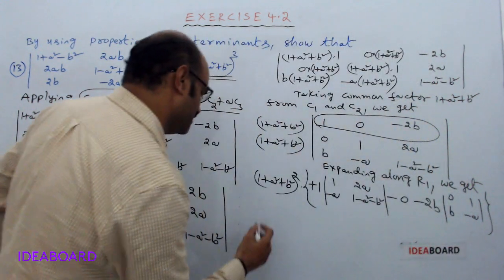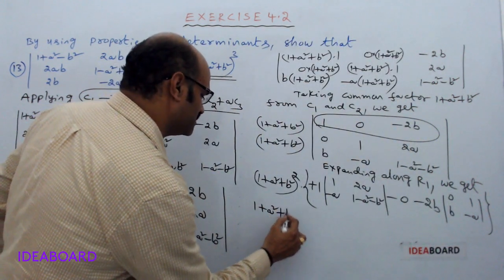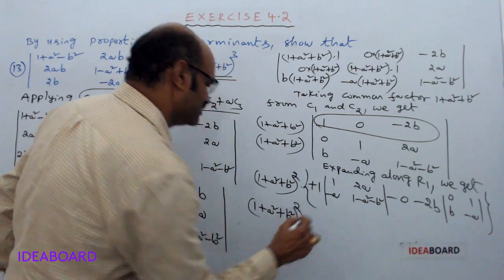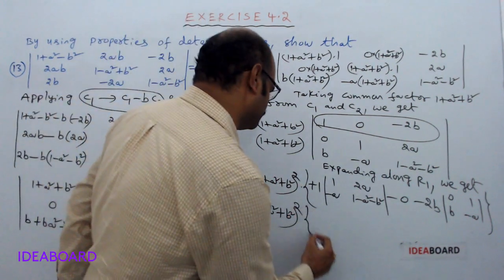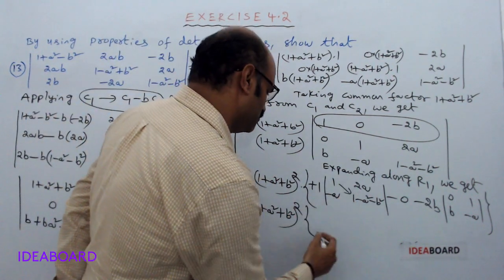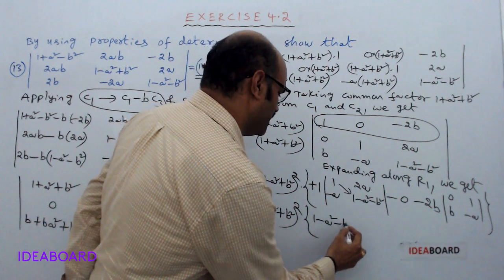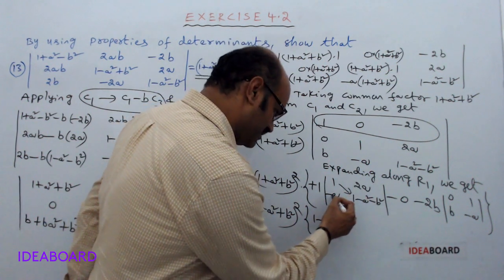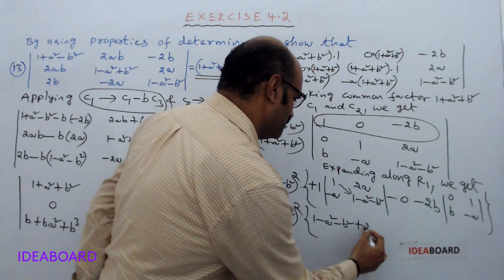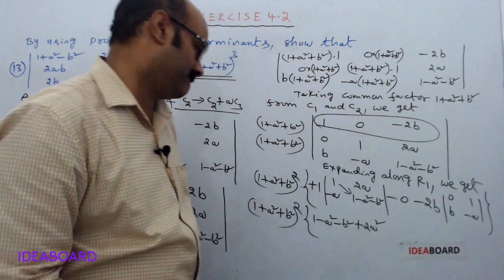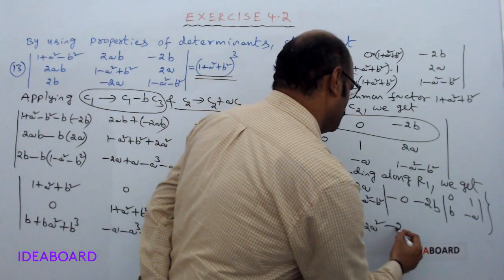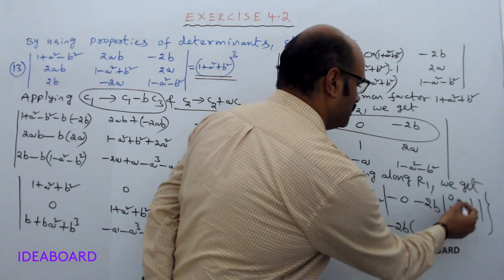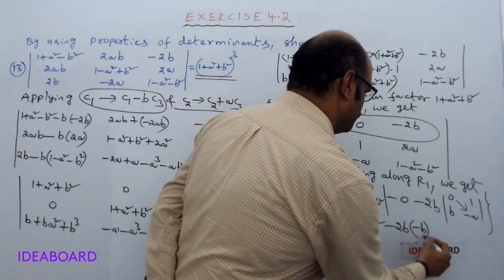Then it implies it's equal to 1 plus a square plus b square whole square into, multiply these two, 1 minus a square minus b square, minus into minus plus 2a square. Next minus 2b into 0 minus b.